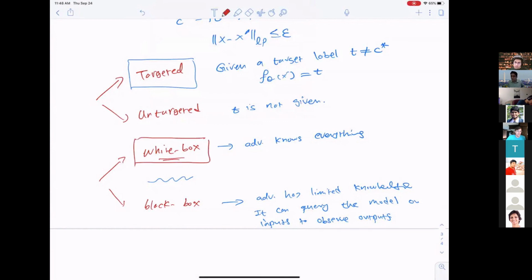So we are going to assume adversary knows everything, because that will give us a fundamental perspective about the robustness of the model. So here we are not restricting the adversary's power. We are saying that if the adversary knows everything, what would happen in terms of our classification accuracy.